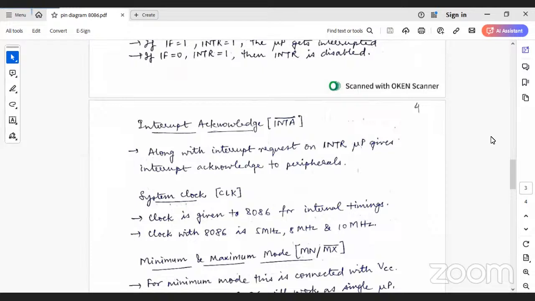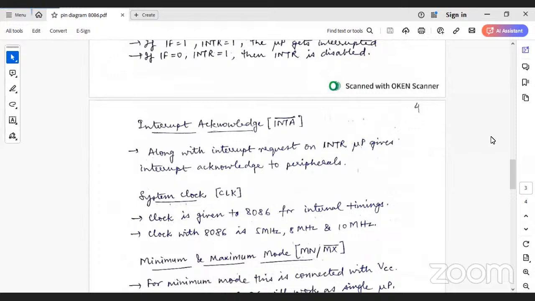Along with the interrupt request on INTR, the microprocessor gives the interrupt acknowledge to the peripherals. INTA bar is pin number 24 in your pin diagram. Sorry, it is an output signal, so the processor only will send an acknowledge signal. So here, the microprocessor gives the interrupt acknowledge to the peripherals. So the processor is sending the acknowledge signal to the printer there.